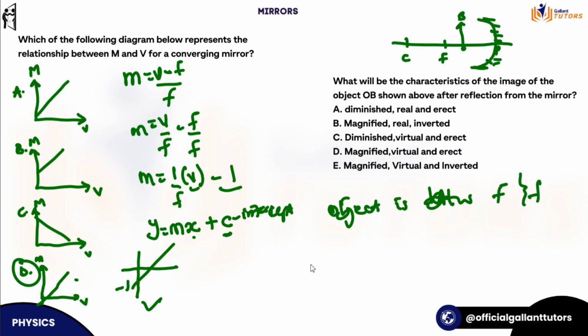What are the characteristics of the image formed? Now, we have a magnified image. I told you that the closer the object gets to the pole, the larger it becomes, right? The larger it becomes. All right.